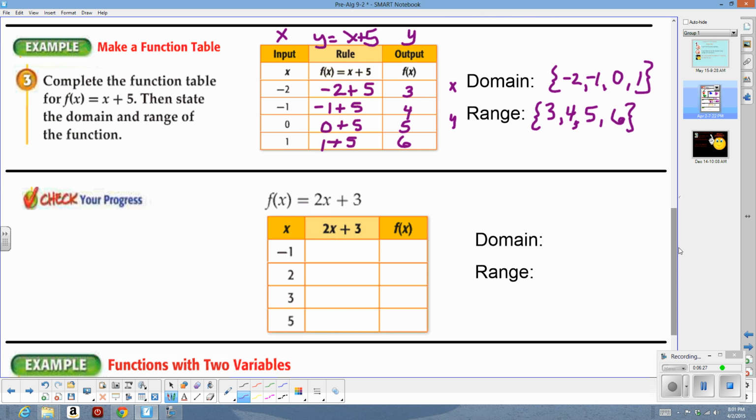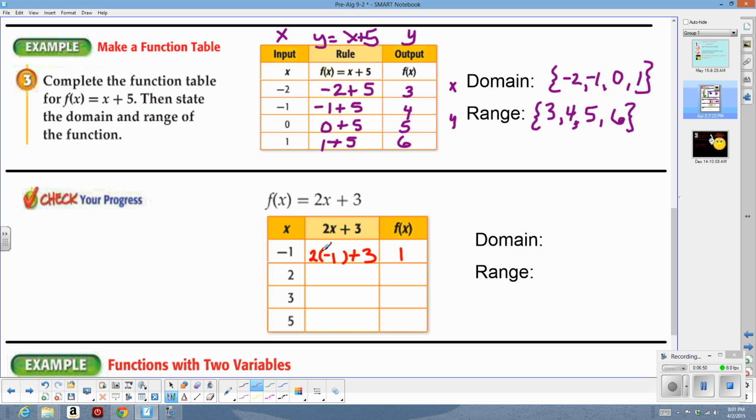You may want to pause the video and try the next one on your own. Our function is f of x equals 2x plus 3. So I'm going to plug in -1 for x. 2 times -1 plus 3. Well, 2 times -1 is -2, and -2 plus 3 is 1.